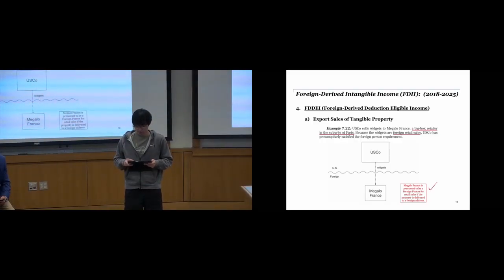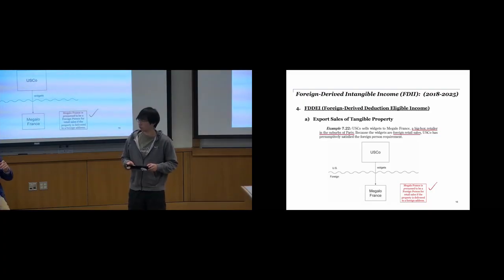They're presumed to be a foreign person for retail sales if the property is delivered to a foreign address. So what US Co has as evidence of this being a foreign person and a foreign use is, hey, I'm delivering this to Paris. It's a retail sale. So the presumption is that that is a foreign person and there's foreign use.